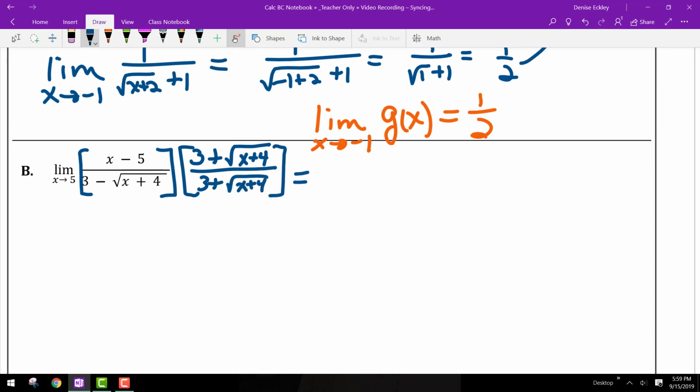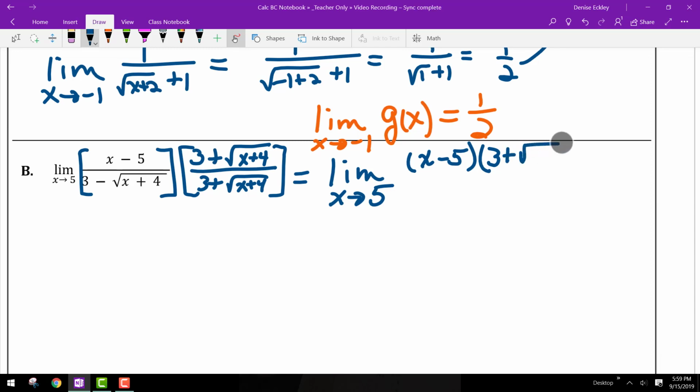Multiplying that out first, and then we'll simplify. In the numerator again, I'm just going to leave it the way it is and show the conjugate in the numerator. The simplification is going to come in the denominator. So we get 9 minus x plus 4.